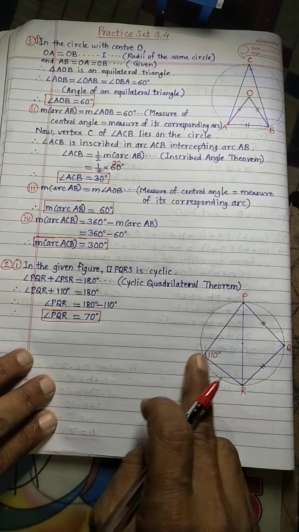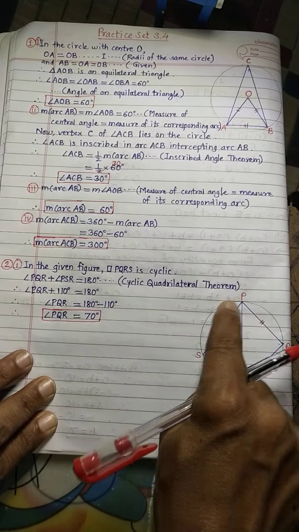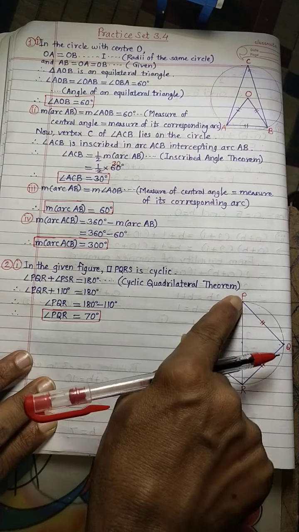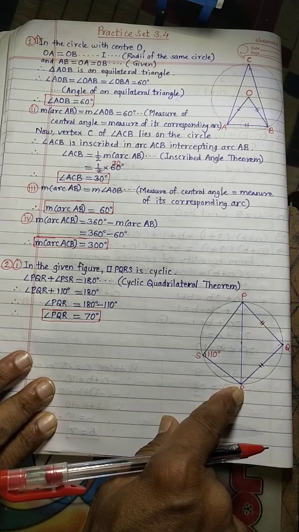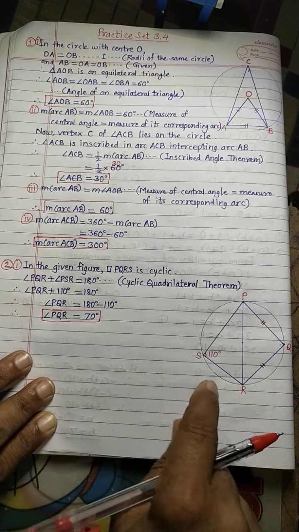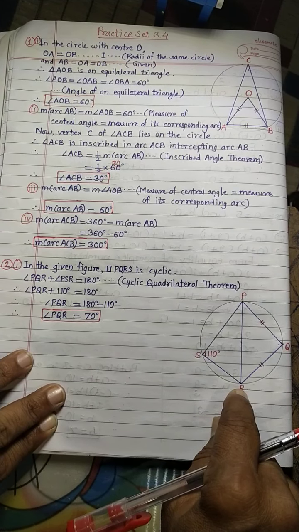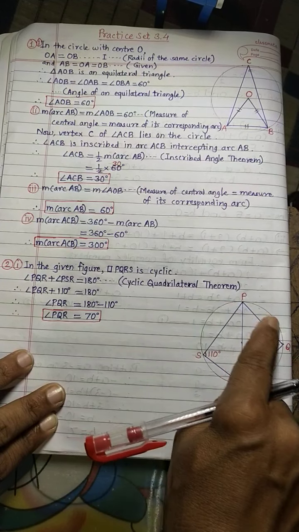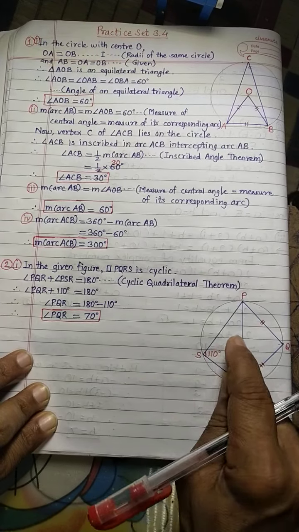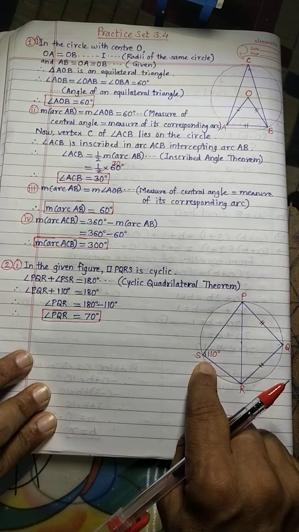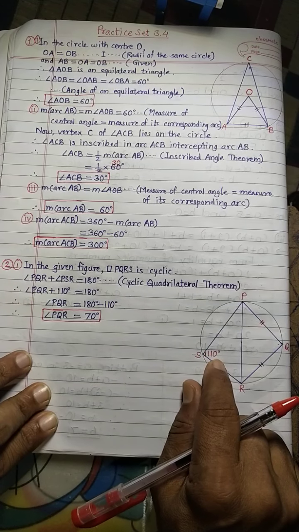So by the help of the inscribed angle theorem, angle PSR is equal to half of the measure of arc PQR, and we are given that the measure of angle PSR is equal to 110.